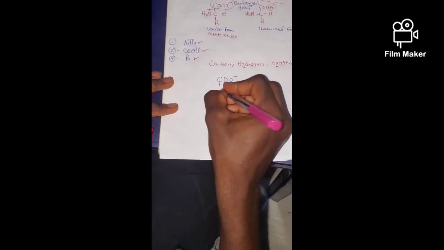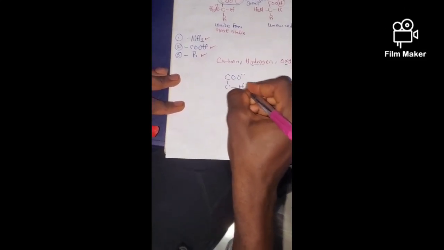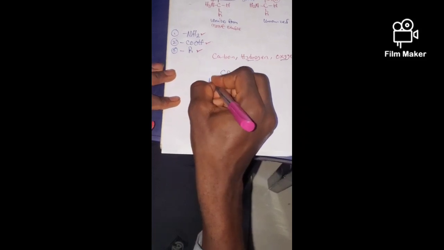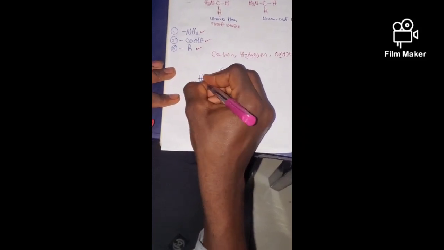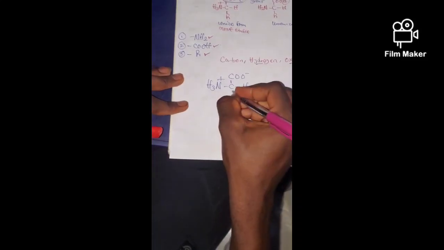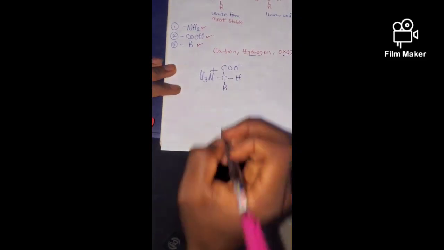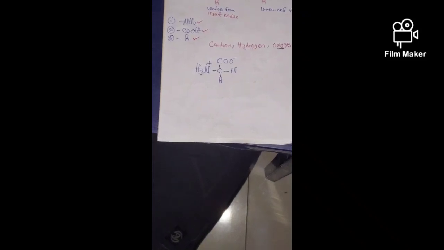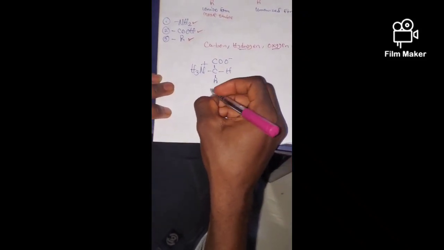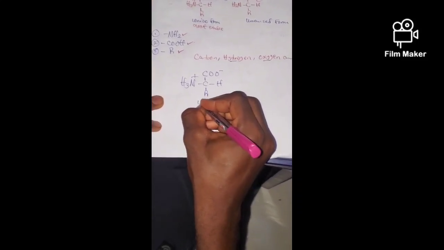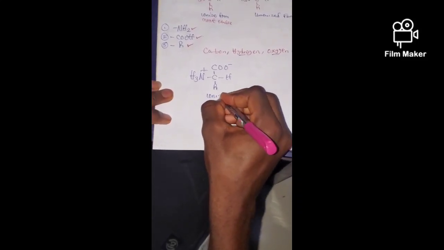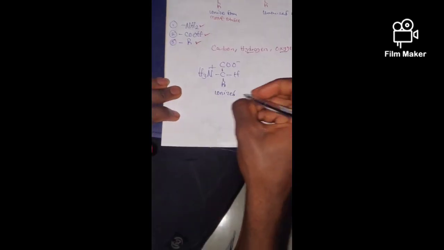We have this here, and we have the amino group here, and then the side chain here. All right, so this is the ionized structure of amino acids.